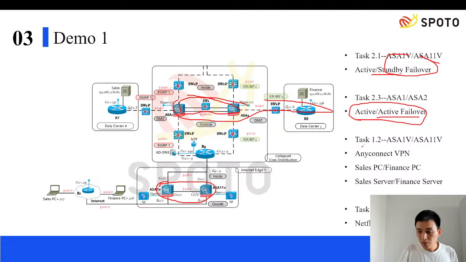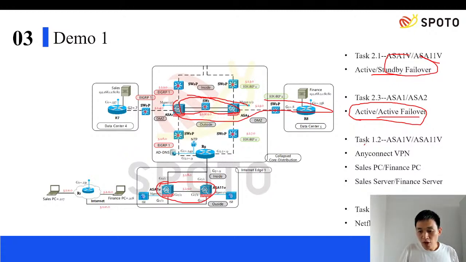And yes, we will deploy an active failover between physical ASA1 and physical ASA2 using multiple mode deployment. That's very easy too. After finishing those 2 tasks, we come to task 1.2.